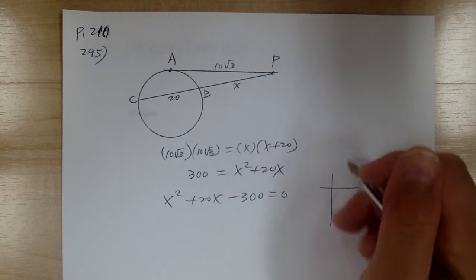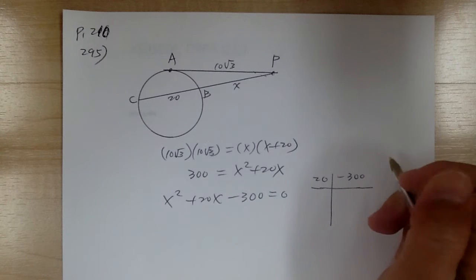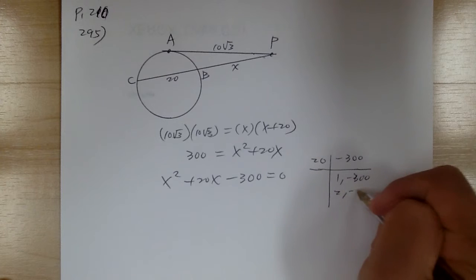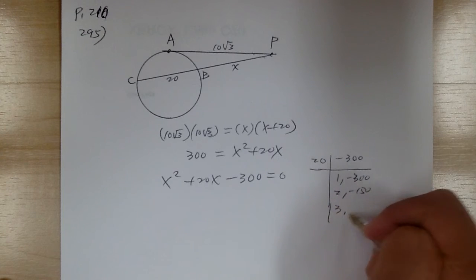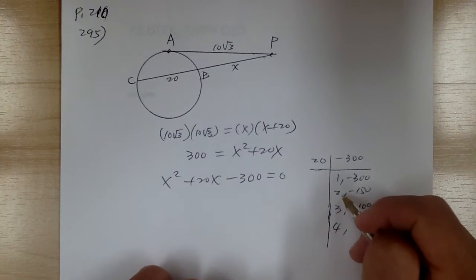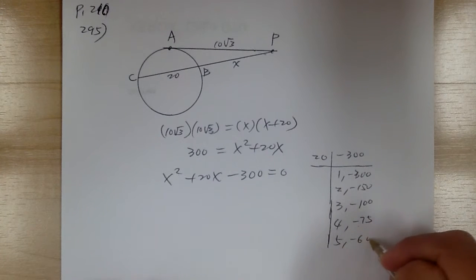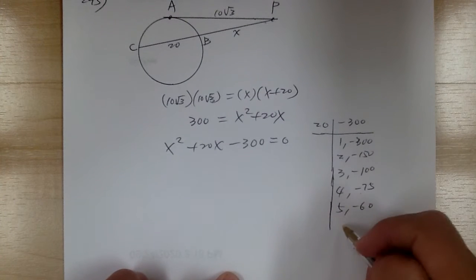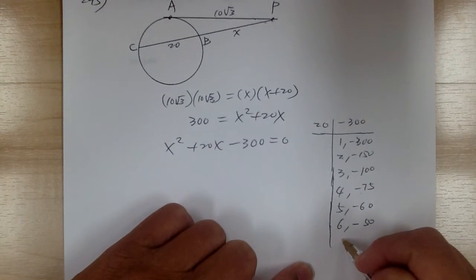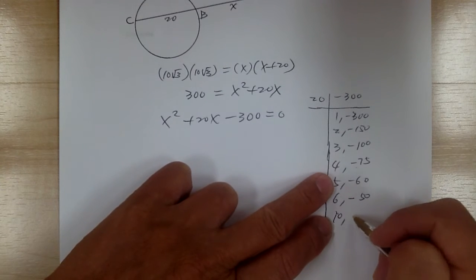Then go and do the master product factoring. If you don't see the numbers right away, you just start with 1, negative 300, 2, negative 150, 3, negative 100, 4. This is twice as that, so this will be half that. Then 5, negative 60, 6, negative 50, 7, 8, cannot, 9, no, 10, negative 30.